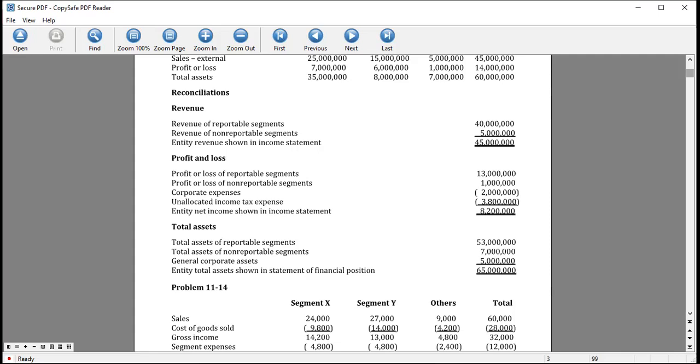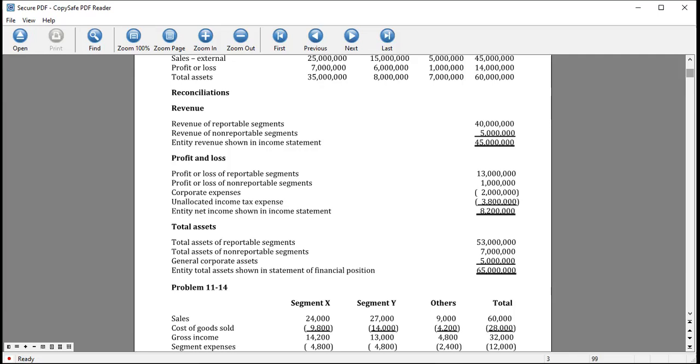Now we have sales, expenses, then we have income before income tax expense, and net income. The entity has two reportable segments and thus developed the following related information.